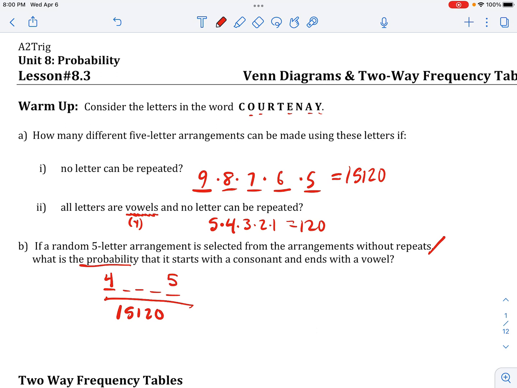I can assign these in this order. I can think about the first and last thing first, and then think about the stuff that happens in the middle. That's going to be fine, because when I go to make this multiplication, the multiplication is going to be commutative anyway, so this is totally allowed. All right, so I've chosen the first letter, I've chosen the last letter, I've chosen 2 of the letters, and now I have to fill out the rest of this with no repeats.